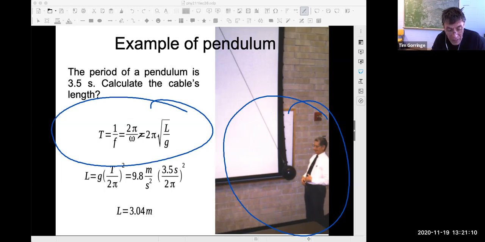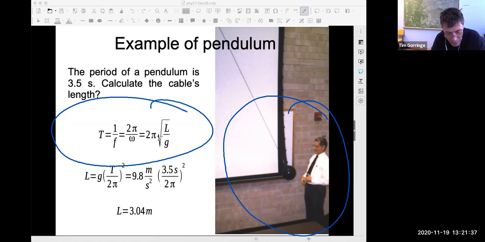I can then fill in the expression for the angular frequency in terms of the length of the pendulum and the acceleration of gravity. I did that here, and I then rearranged this and calculated the length.